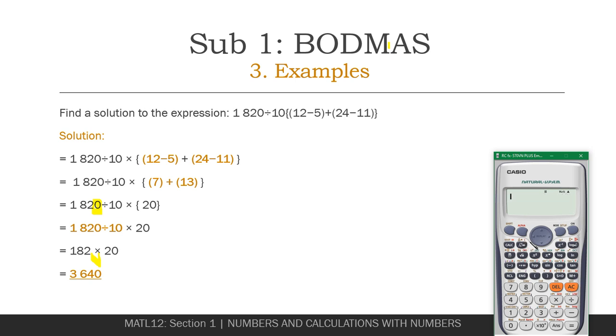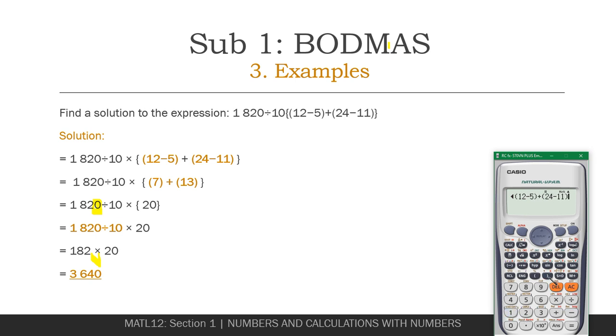So let's clear this one. Then you've got 1820 divided by 10 multiplied by two brackets. The first bracket is 12 minus 5. Close the first bracket, and then you say plus... wait, you need to open another bracket: 24 minus 11.